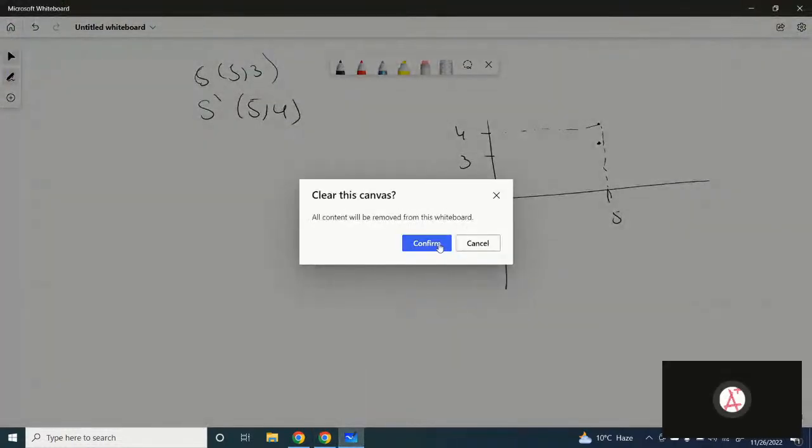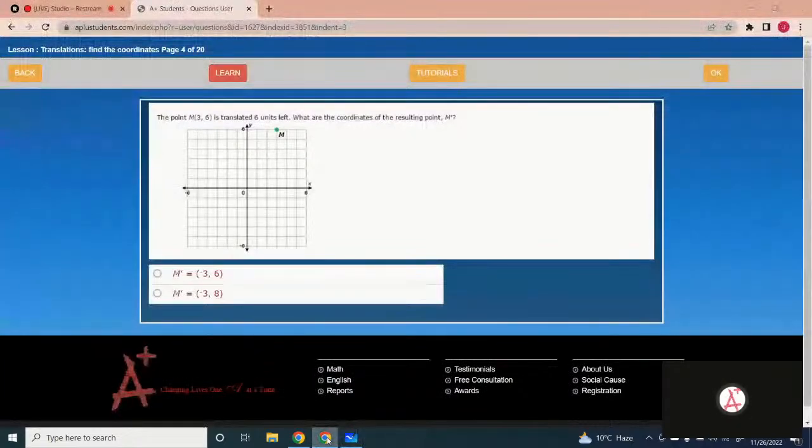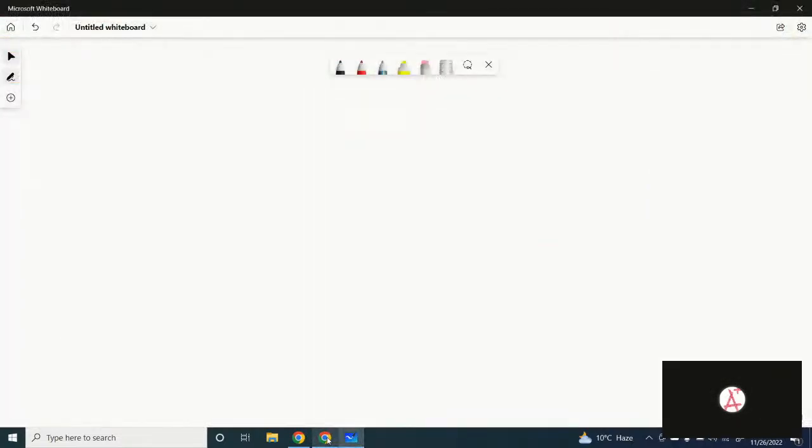Let me just explain how. You have the values. The point is 3 and 6. Here you have 3. Here you have 6. This is the value 3 and 6. You have to move 6 units left.